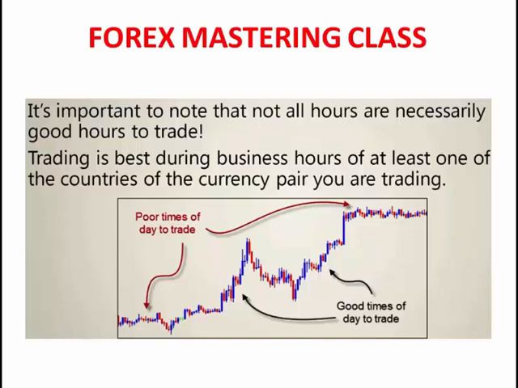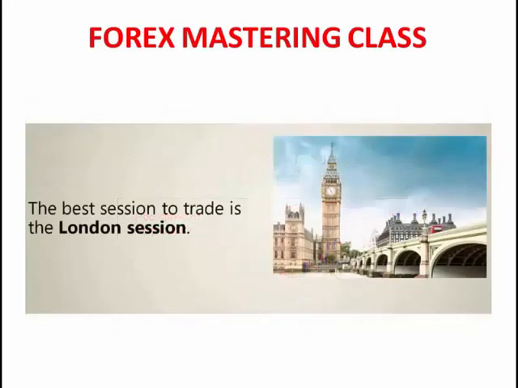The best time is where the London and US sessions intersect. But if you want to trade GBP/USD and you go into the Asian session, there will not be much movement in the market. It will be very slow. So the best session to trade is the London session.